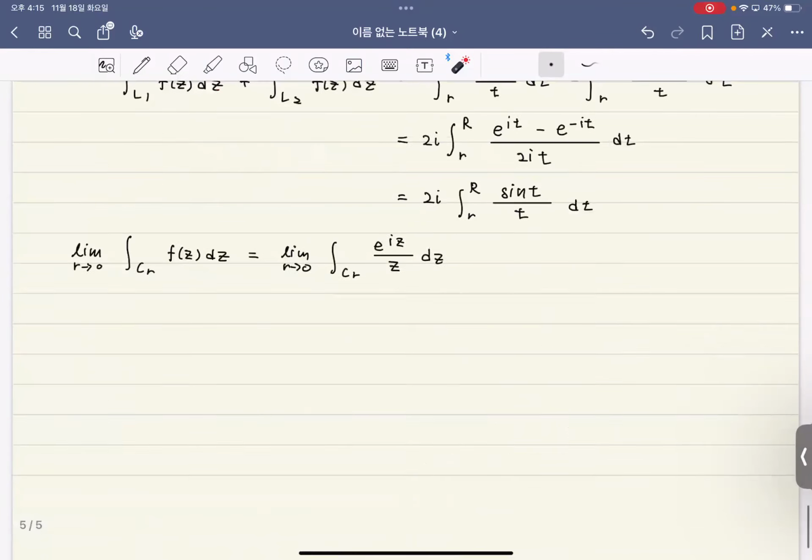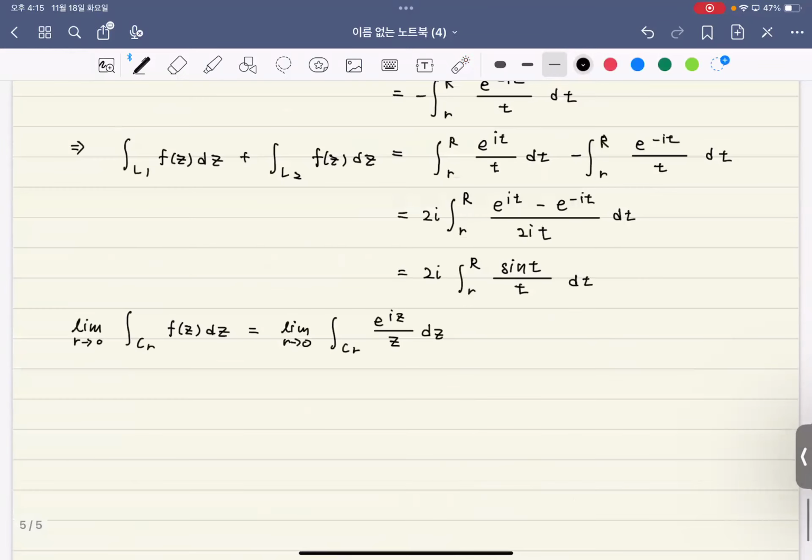So therefore, this should be minus pi times i times the residue. And what is the residue at this point z0? It is just 1. So minus pi times i.